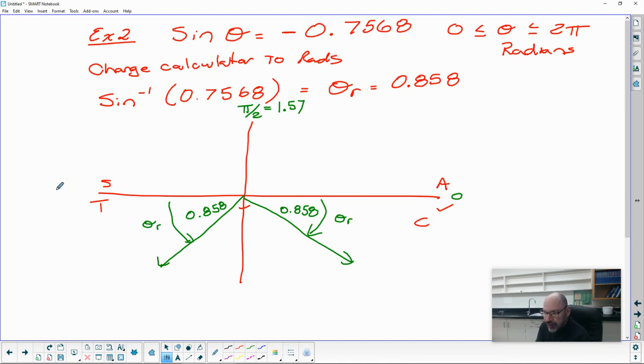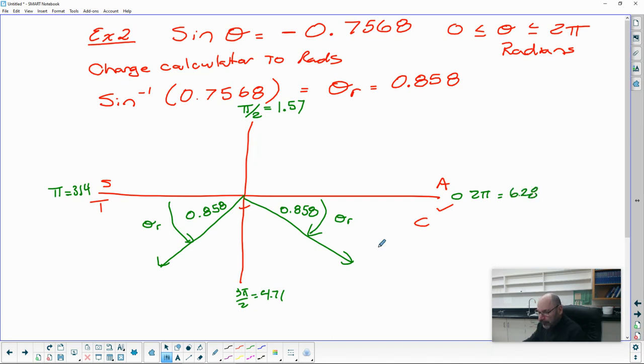Then this is pi, which is 3.14, and this is 3 pi over 2. If we do 3 pi divided by 2, that's 4.71. And this one over here is 2 pi, which equals 6.28. So that's how you can figure out your angles.